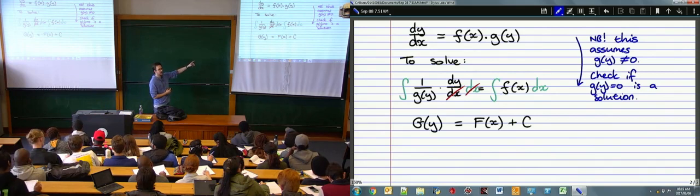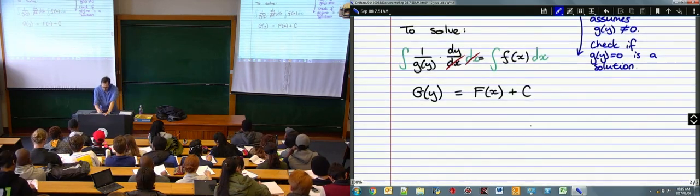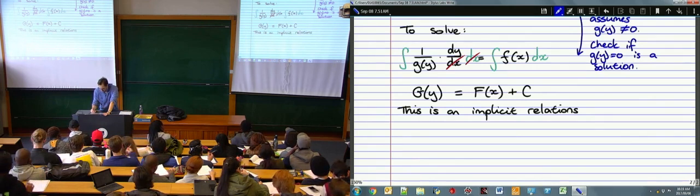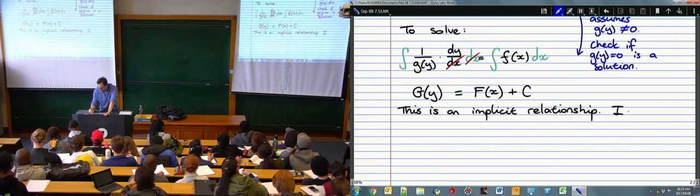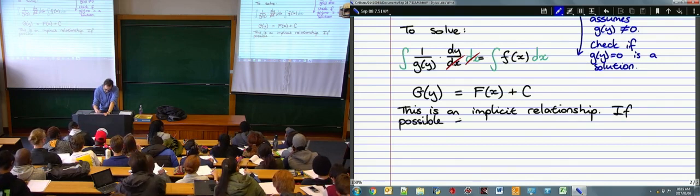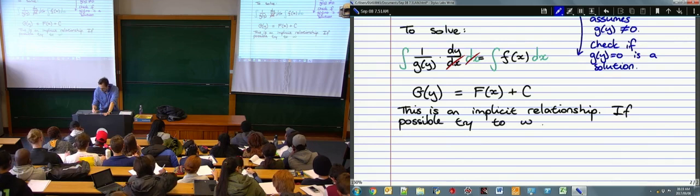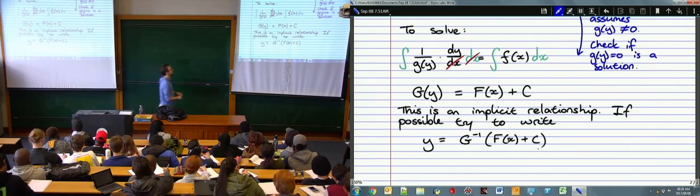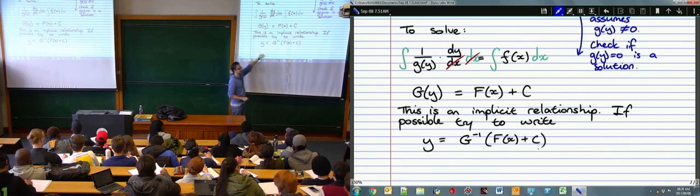And this is now an implicit relationship between x and y. If it's possible, and it won't always be possible, you try to get y by itself, right?